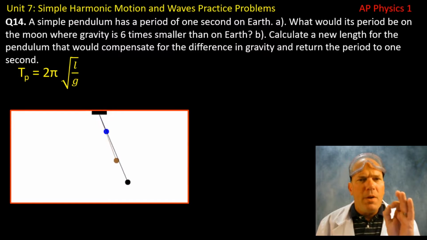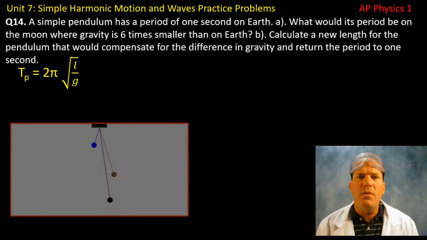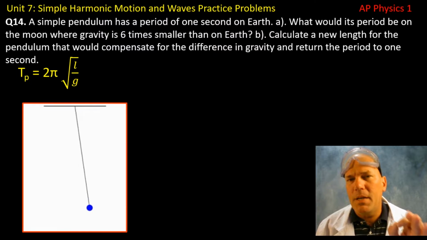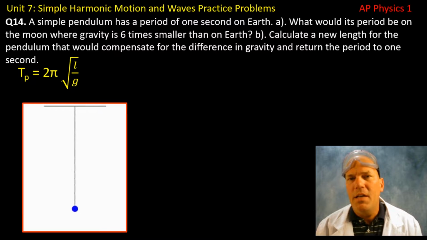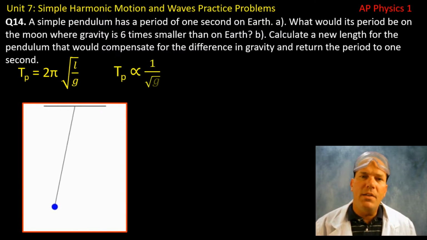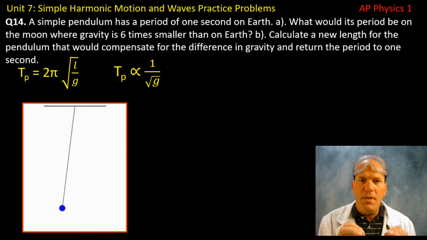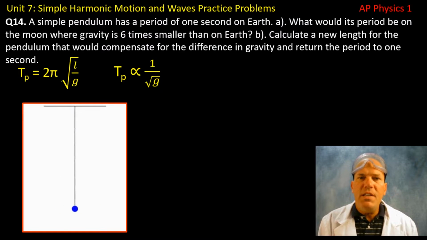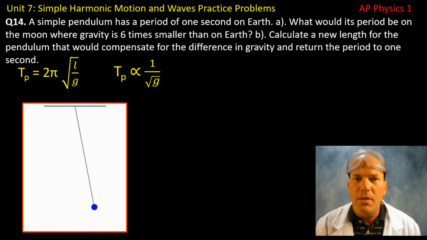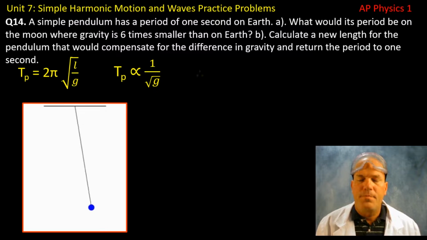In this problem, we are also going to be changing the value for the acceleration due to gravity. It's going to be 6 times less. But again, that 6 times less is in the denominator under the radical. So let's go ahead and look at how this would be. The period of a pendulum is inversely proportional to the acceleration due to gravity, which is under the radical, square root of little g.